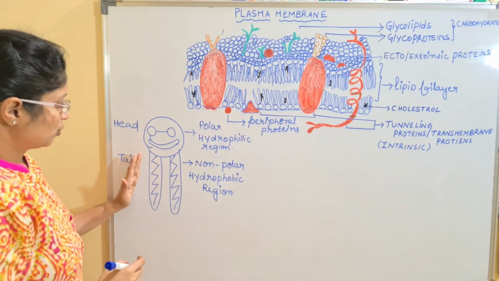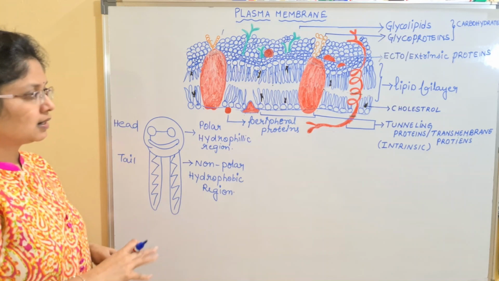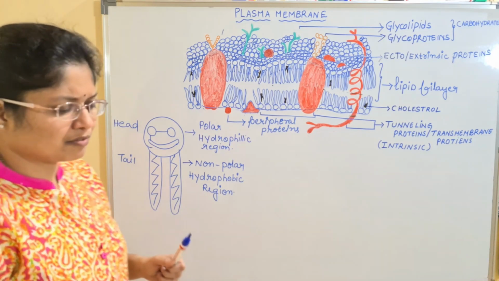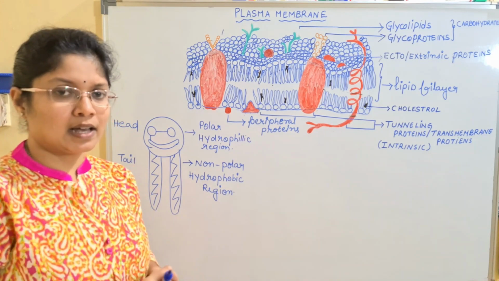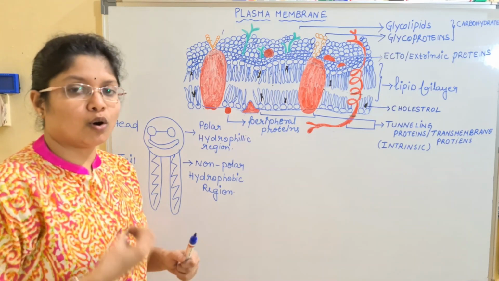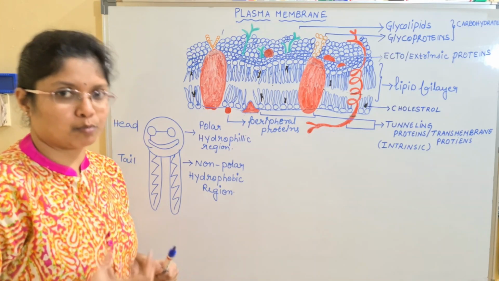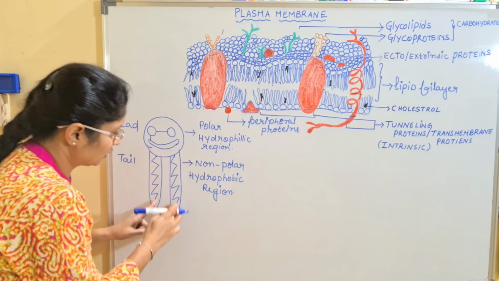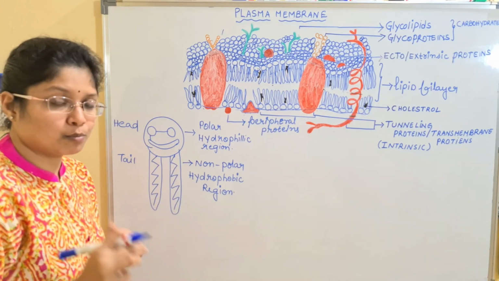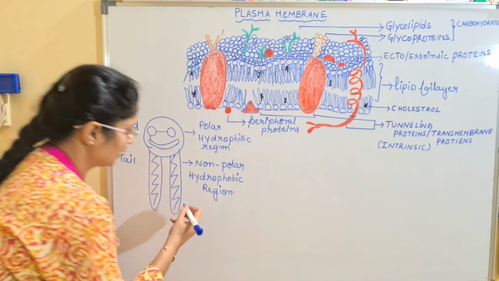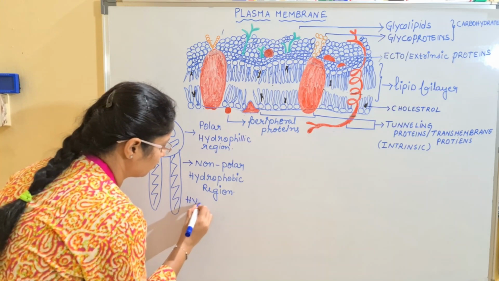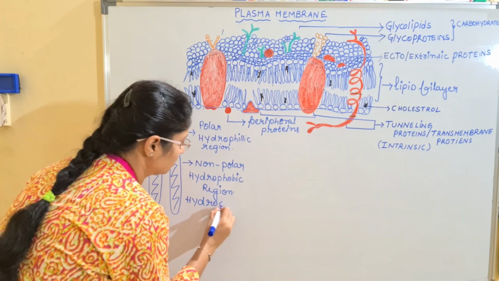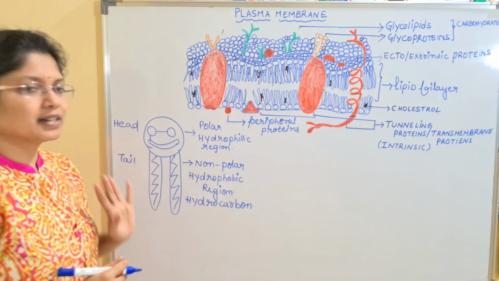Clear? So now, a lipid molecule is nothing but a fat substance. Then what is the lipid or fat molecule made up of? That we will see. I have told you that this tail region is mainly made up of hydrocarbon. And what about the head region, children?